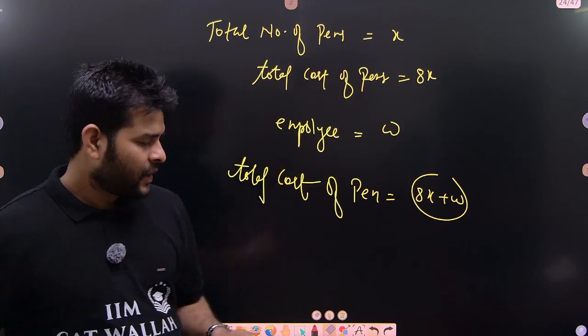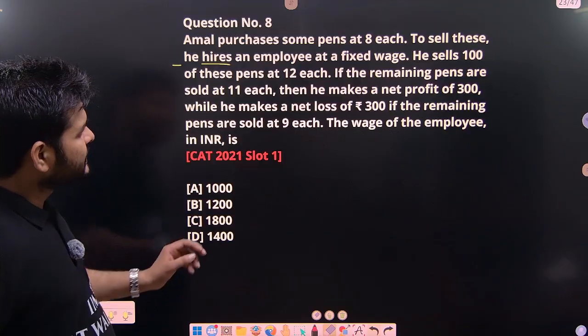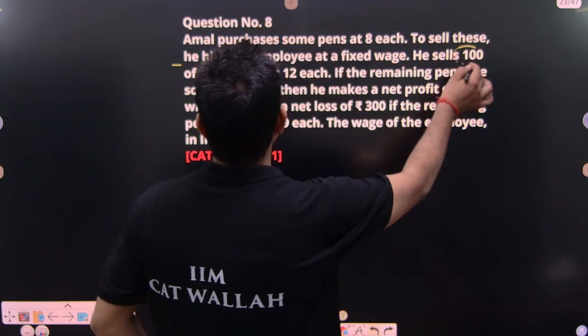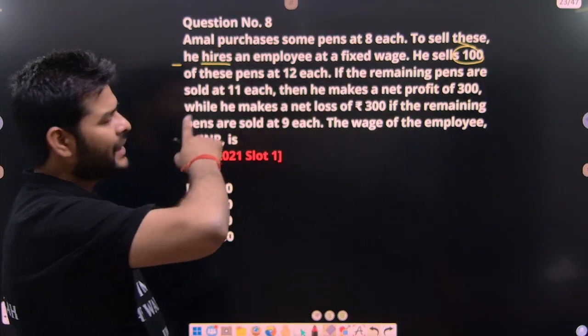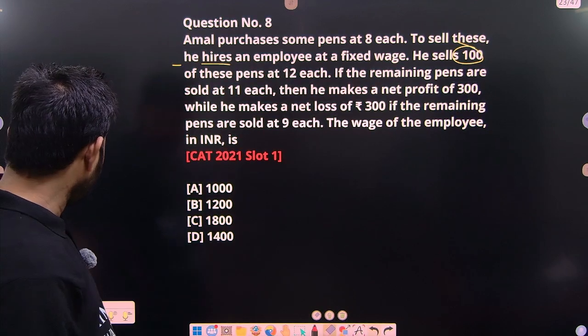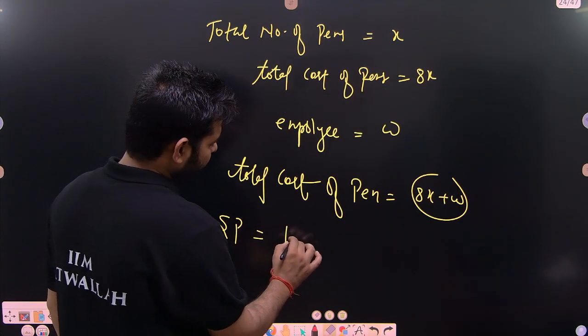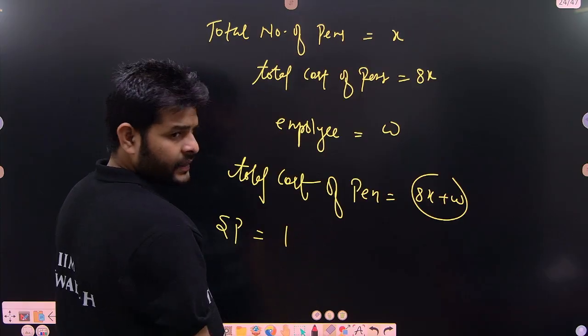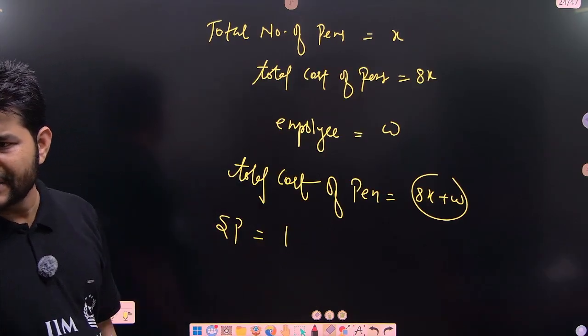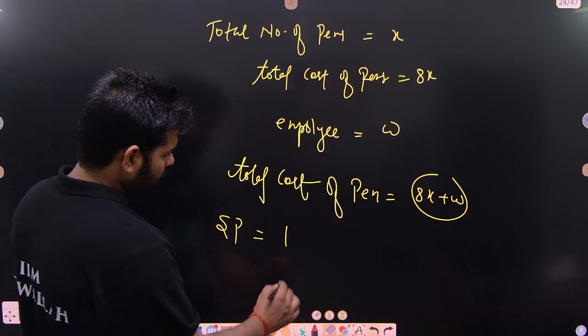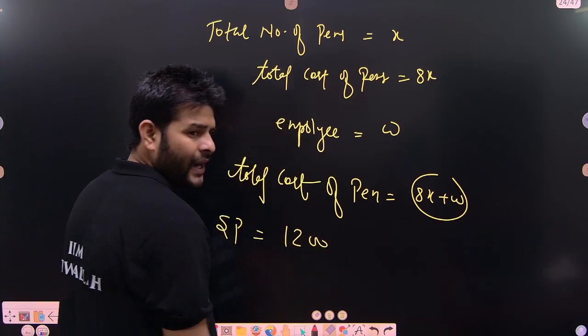Got it? Now he sells 100 of these pens at 12 each. So the selling price for 100 pens would be 1200.